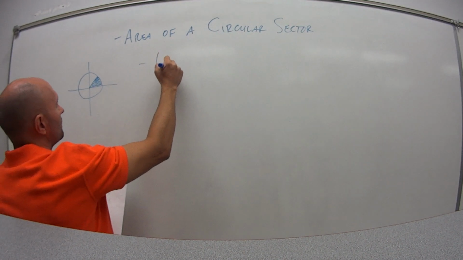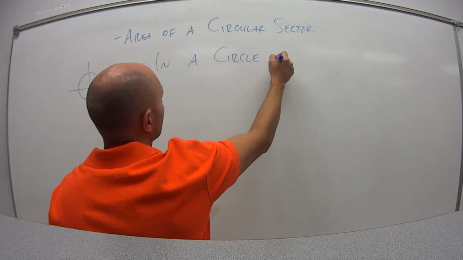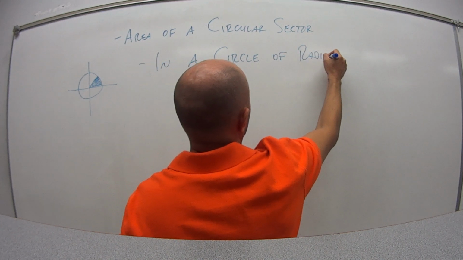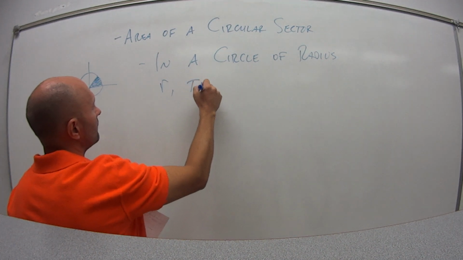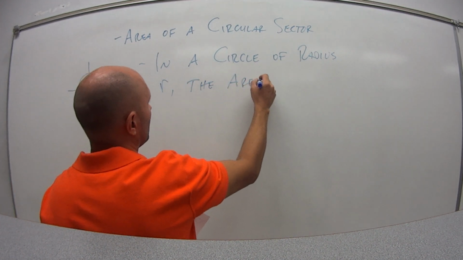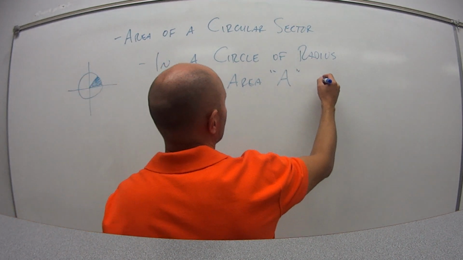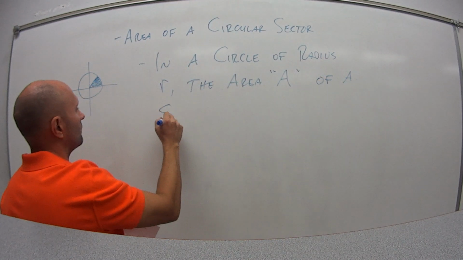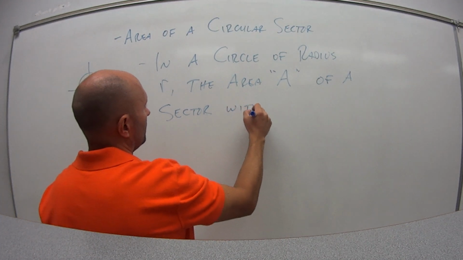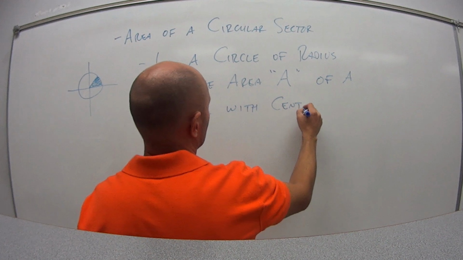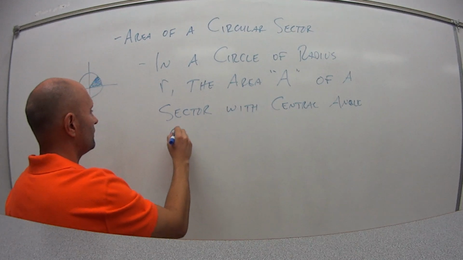We have the definition. In a circle of radius r, the area A of a sector with central angle theta radians.